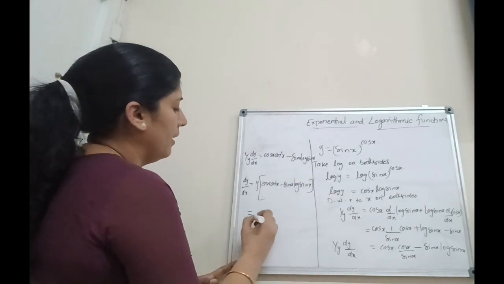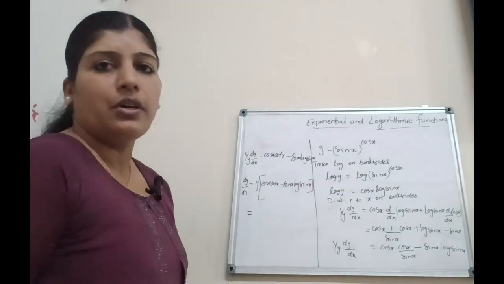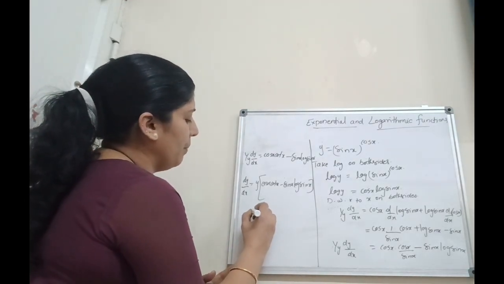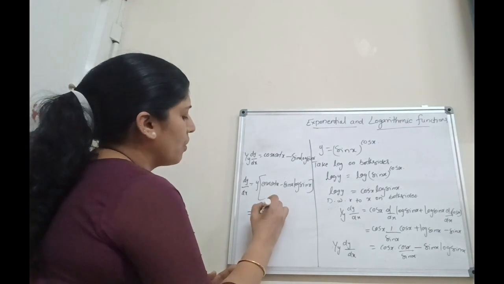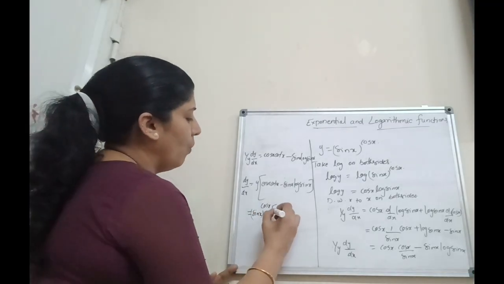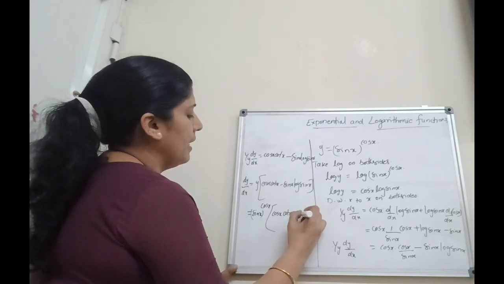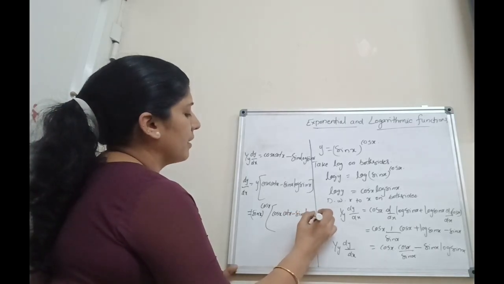Here y equal to sin x raised to cos x. Therefore, substituting y as sin x raised to cos x, dy by dx equal to sin x raised to cos x into cos x cot x minus sin x log sin x.